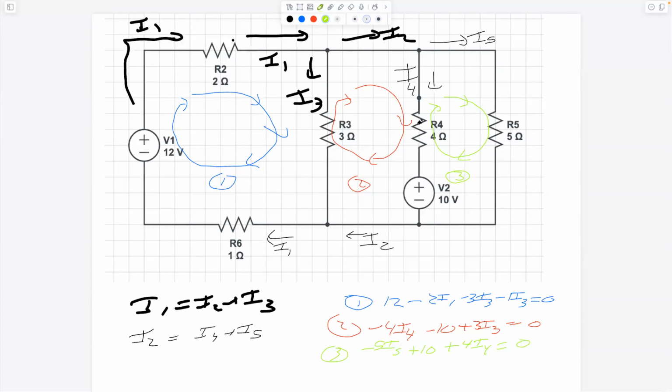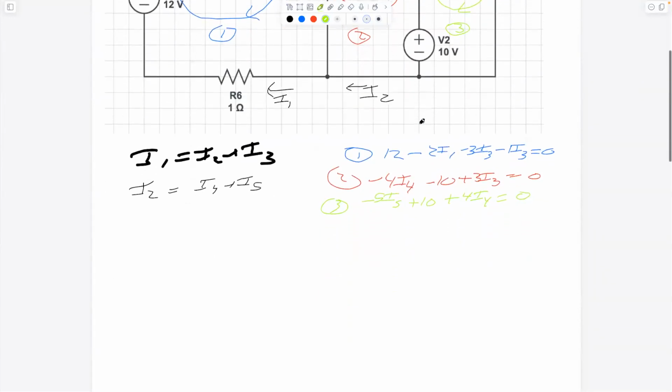Okay, so now I've got 5 equations. I'm going to solve this system using the matrix functions on my calculator. My goal is to write this in matrix form. Let me switch to a more pleasing color here.